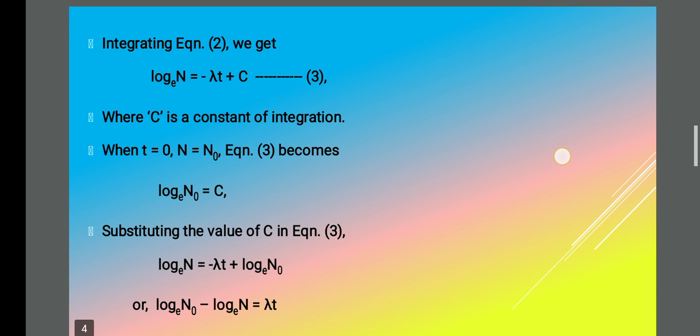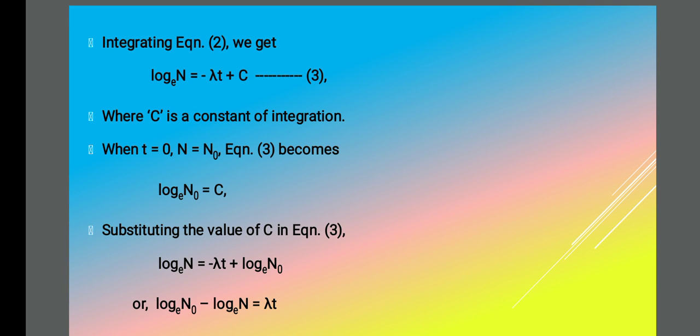On integration of this equation we get log e N equal to minus lambda t plus c. Integrating, dN by N is nothing but ln N, and taking the minus to the other side, ln N will be equal to minus lambda t plus c, where c is the constant of integration.